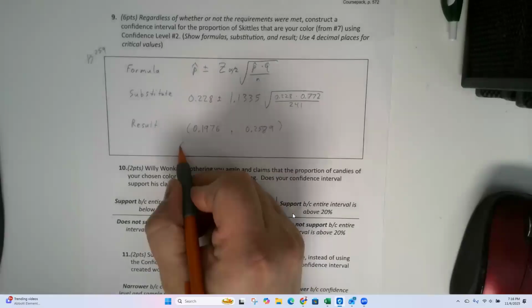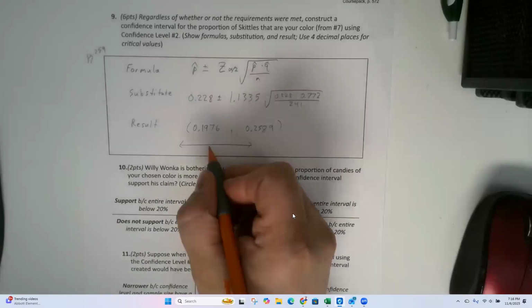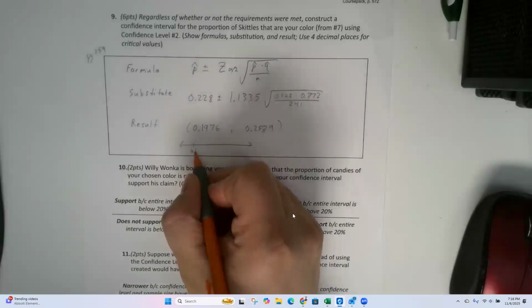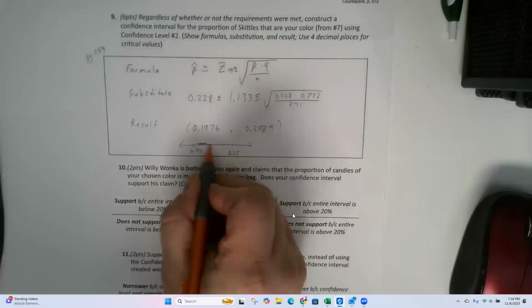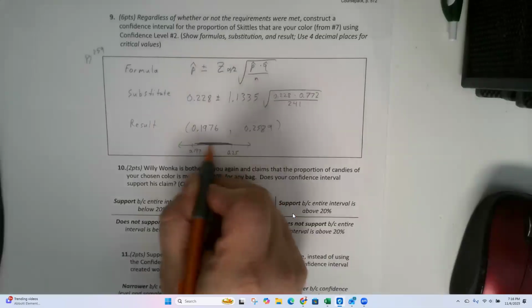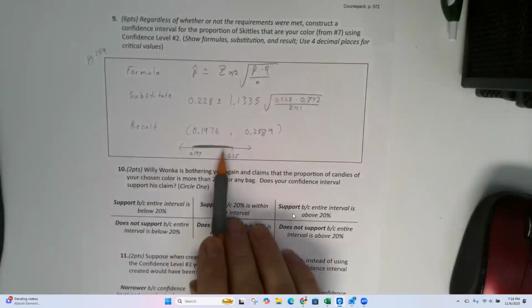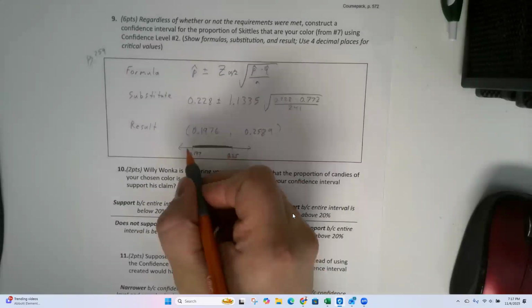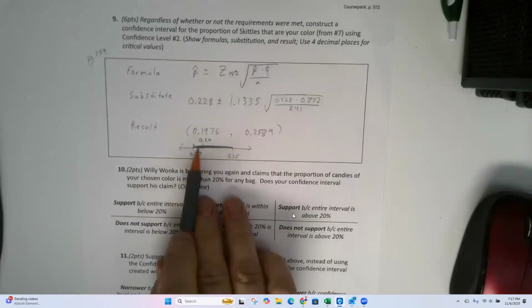Well, is 20% in my interval? So right here's 0.197, here's 0.25. This is my confidence interval right here. So I'm 74% confident that the true proportion of yellow is somewhere in this range, and in this case 0.20 is in that range.